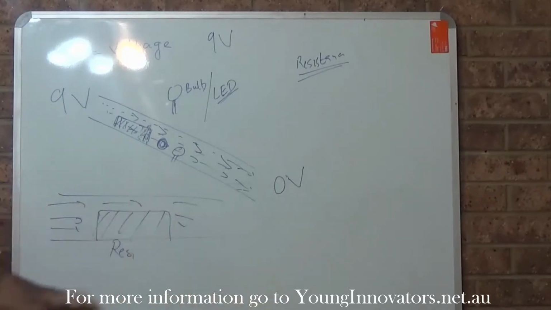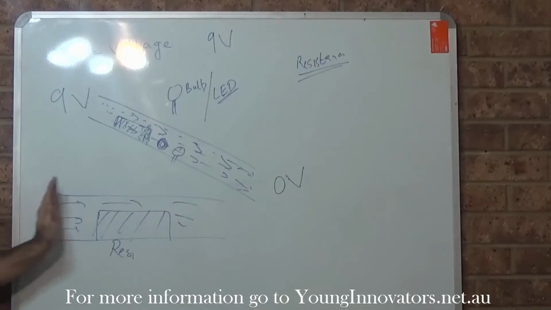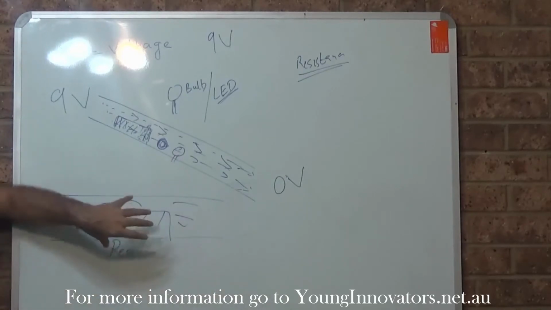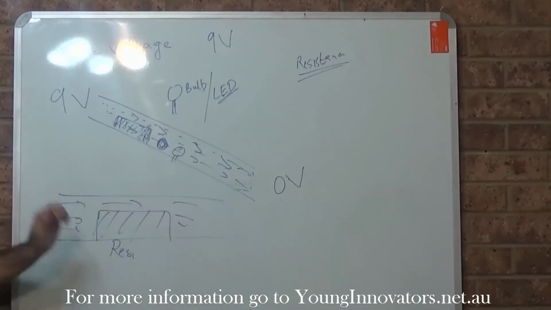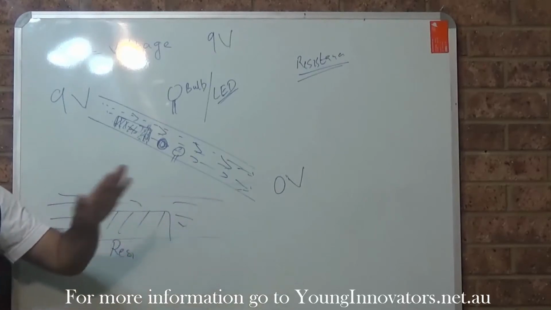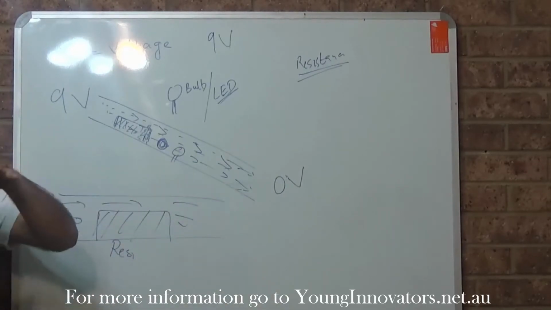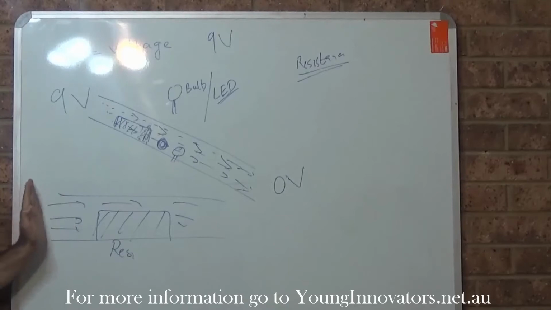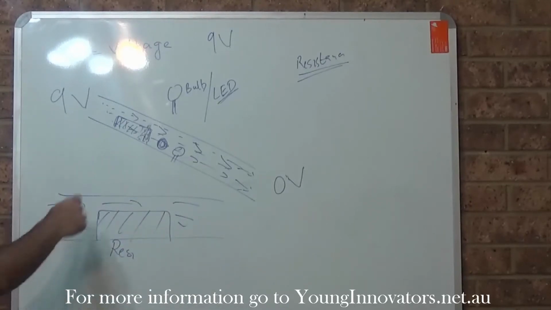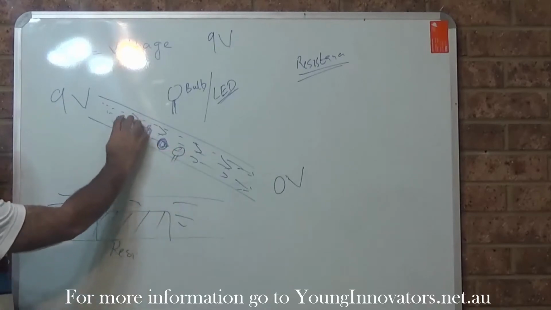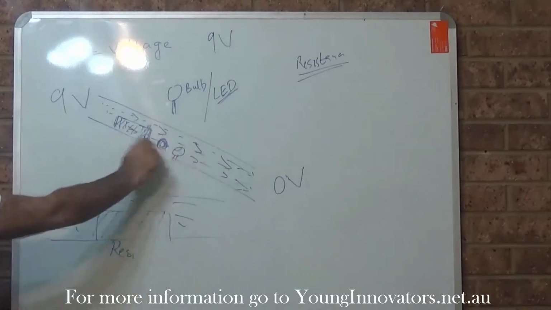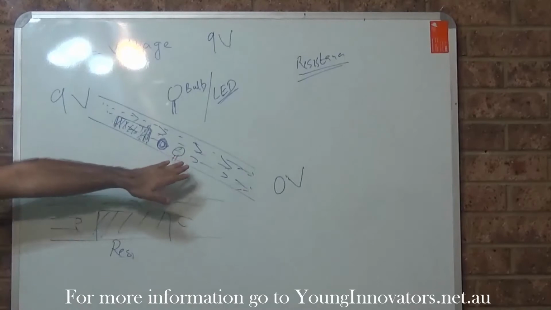So if there's no brick, maybe the water flows within 10 minutes. When we put a brick or a resistance, it might take 15 minutes. We are stopping the flow of the water, so it doesn't burn out my LED. That's exactly right. If the flow is higher and we don't stop it, it might blow off the ball or LED, whatever we've got here.